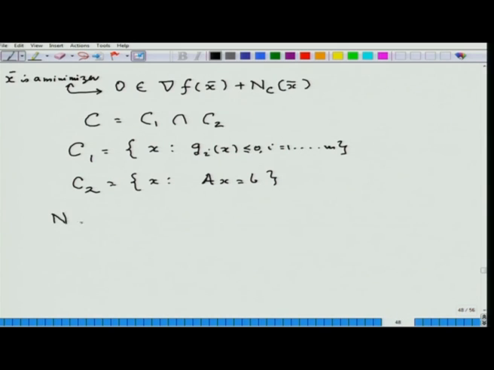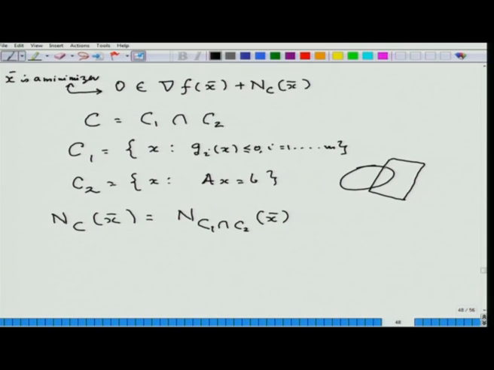So, the normal cone to C at x bar is now written as the normal cone to C1 intersection C2. So, how can you compute the normal cone? Basically, you have two convex sets and this is the intersection zone, and you take any point here, and you are supposed to compute the normal cone.